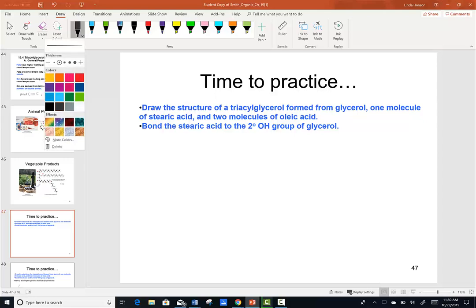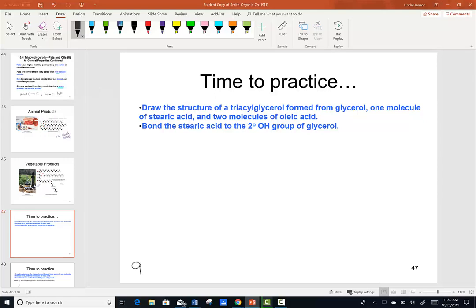At this point, I gave you that handy chart to look up, table 9.2, the front cover of your note pack, for easy reference so you didn't always have to flip back to your book. Take a moment and find that chart and find those formulas for stearic acid and oleic acid. We need those to be able to do this problem. Come back when you find them.